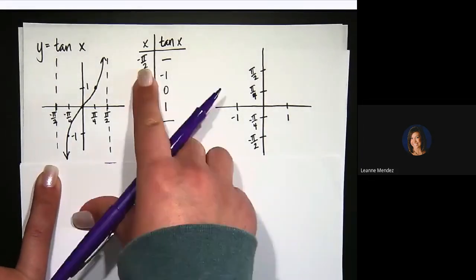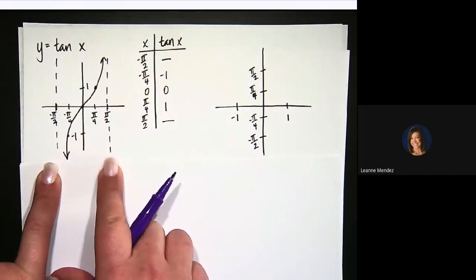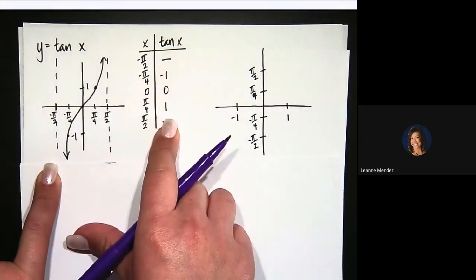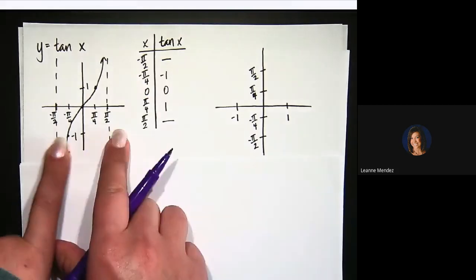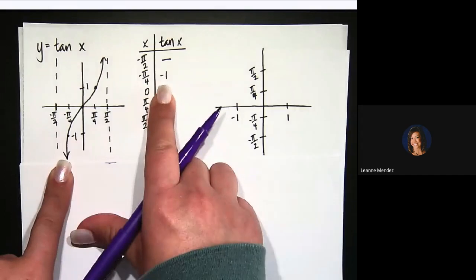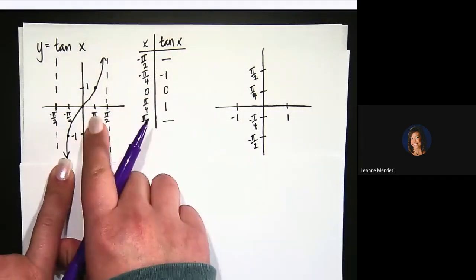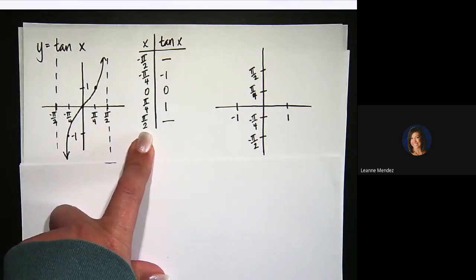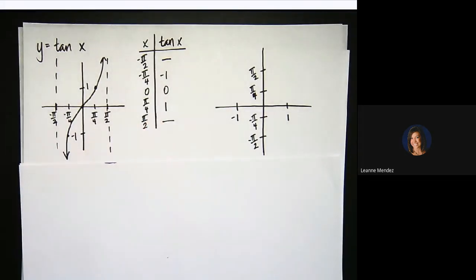They happen at all of the half pi's. So -π/2 and +π/2 have asymptotes, which is why they don't have values here. And then the values in between: -π/4 to -1, 0 to 0, π/4 to 1, and then there's my next asymptote.